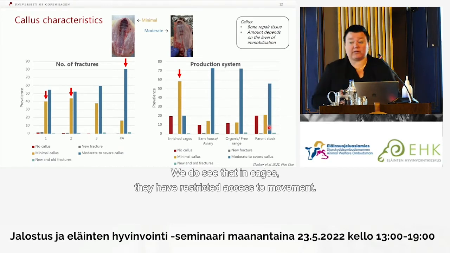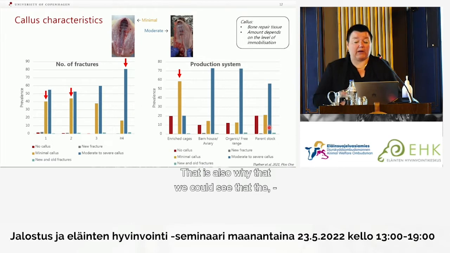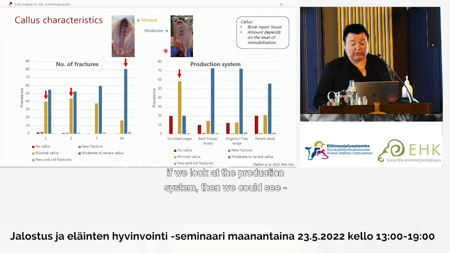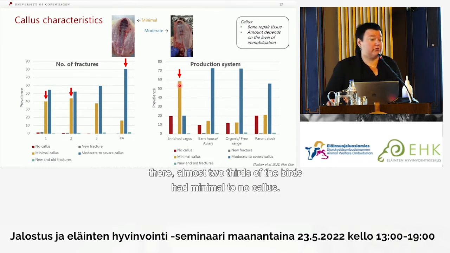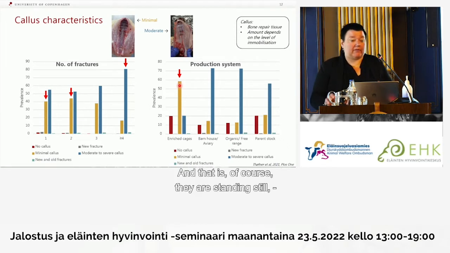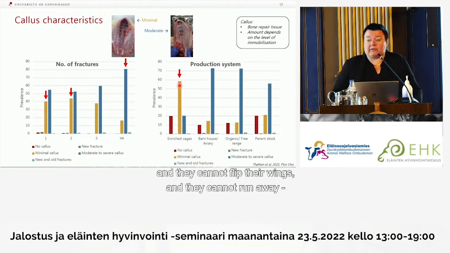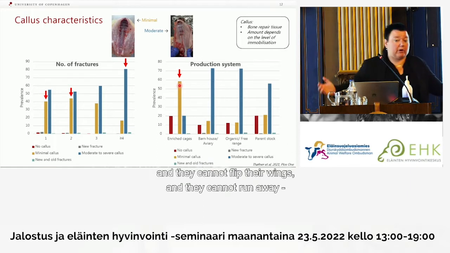We do see that in cages. They have restricted access to movement. That is also why, if we look at the production systems, we could see that for the birds from the enriched cages, almost 2/3 had minimal to no callus. And that is, of course, because they are standing still and they cannot flap their wings and they cannot run away from their flock mates.